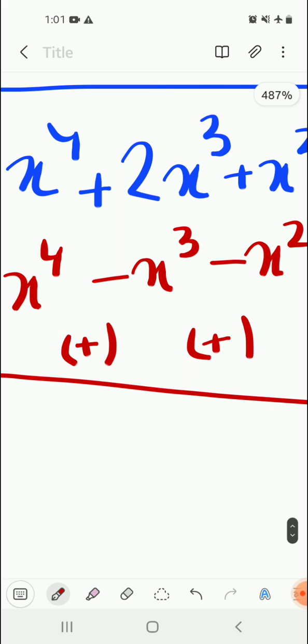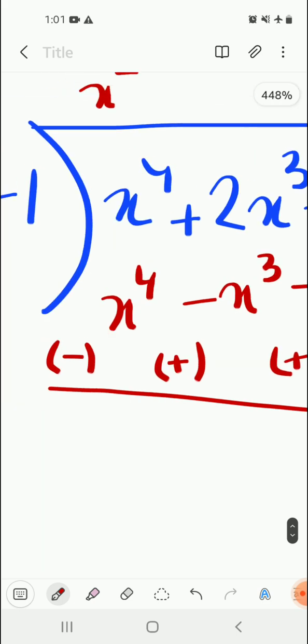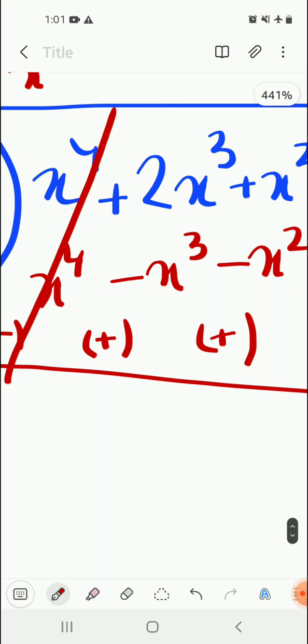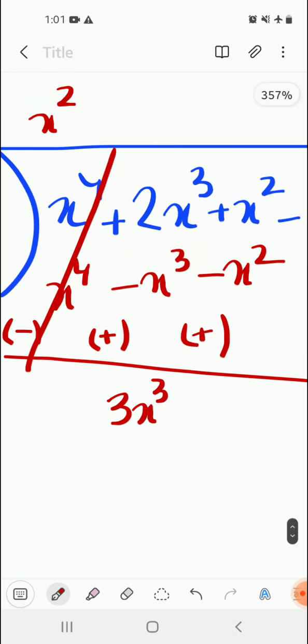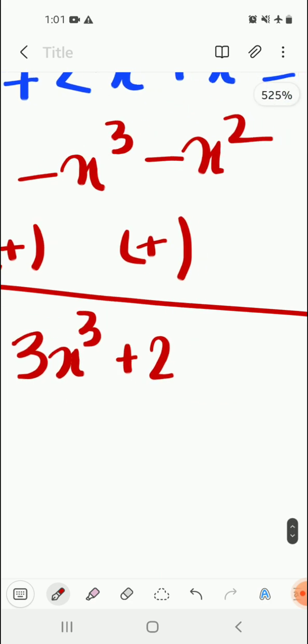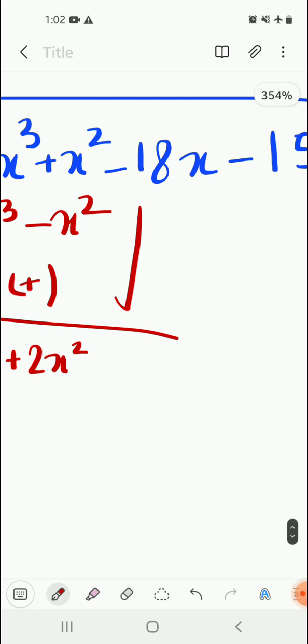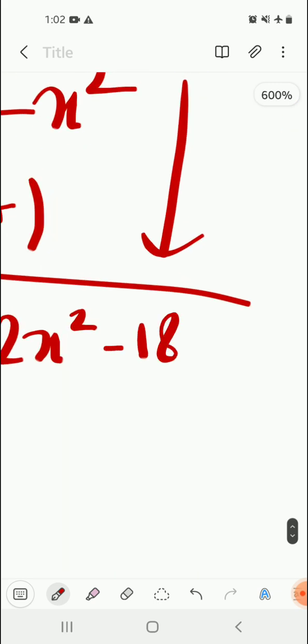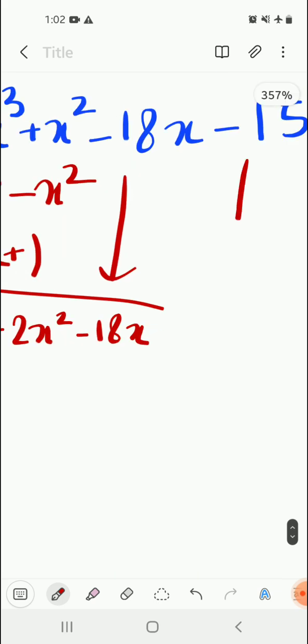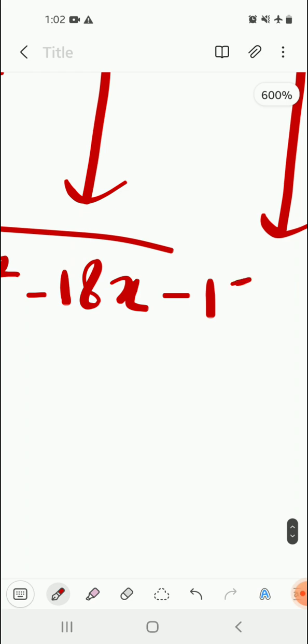This becomes positive as well. So x to the power 4 minus x to the power 4 cancelled out. Plus 2x cube and again plus x cube would become plus 3x cube. Again plus x square and plus x square would become plus 2x square. The rest will be copied. So we're going to write minus 18x and again minus 15.